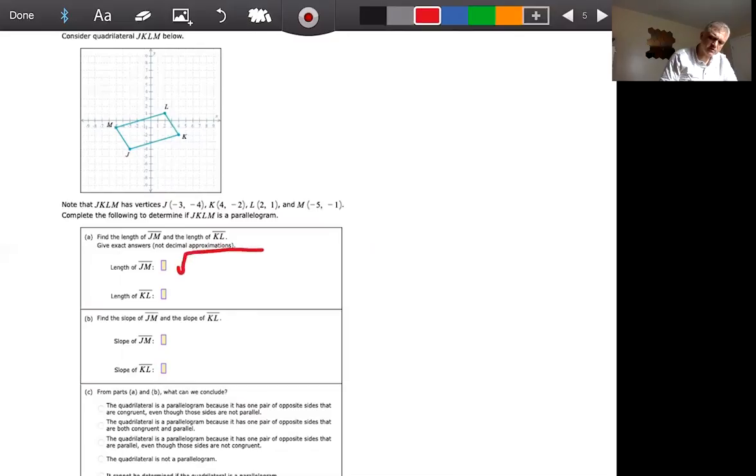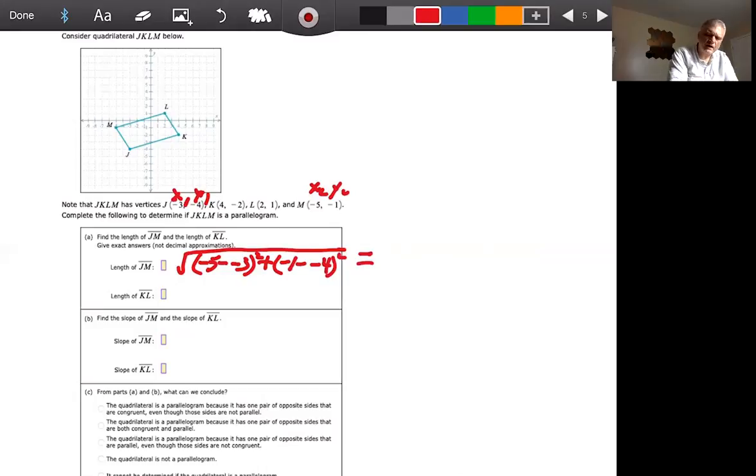So distance formula is square root of x2 minus x1. So if it's J and M, let's call this x1 and y1, and M is going to be x2, y2. Okay, so that would give me -5 minus -3 squared plus -1 minus -4 squared.